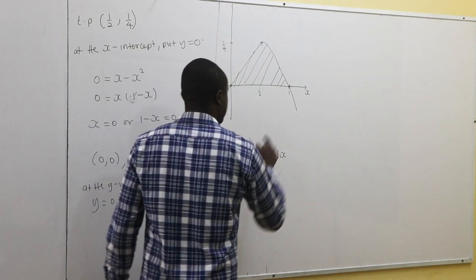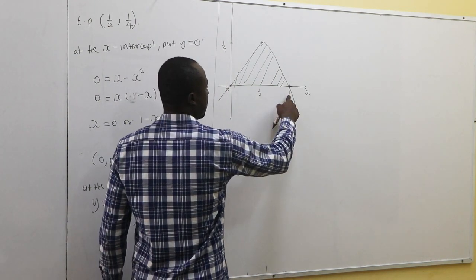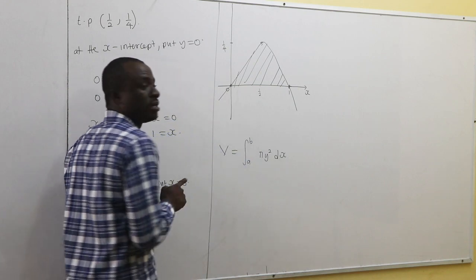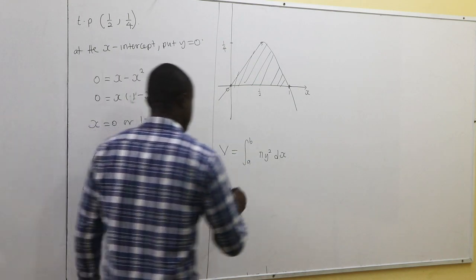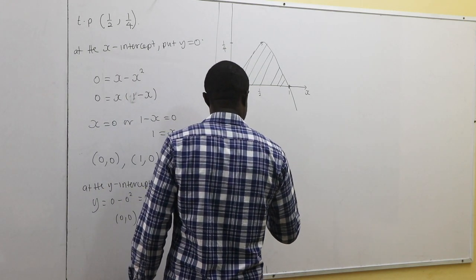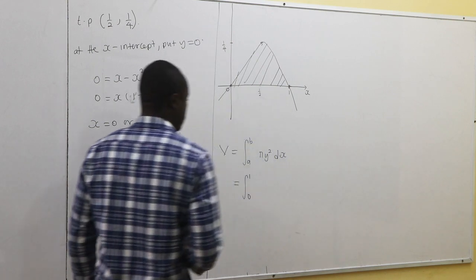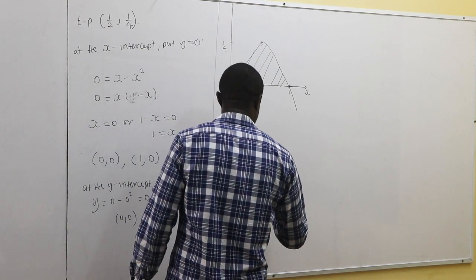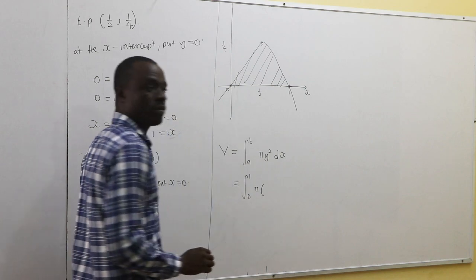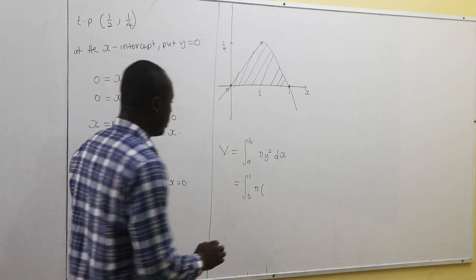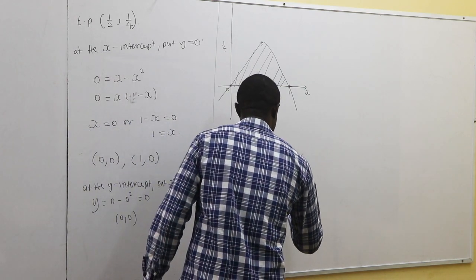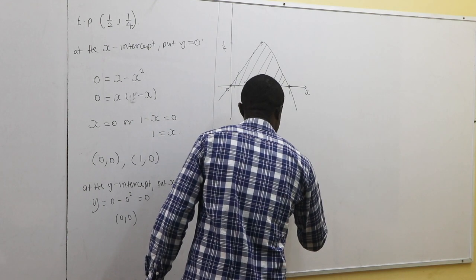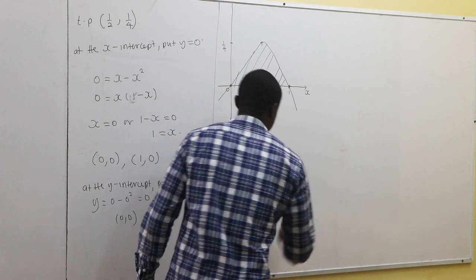Now, what is the upper limit? The upper limit is 1. What's the lower limit? The lower limit is 0. So here, integral from 0 to 1 of pi y squared. Now, what is y? Our y is x minus x squared, all to the power 2, dx.